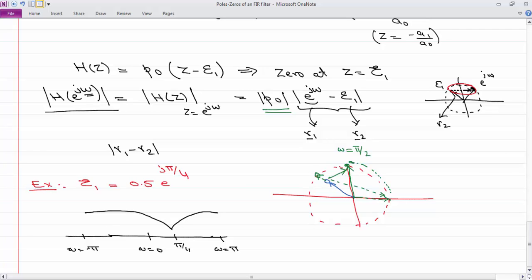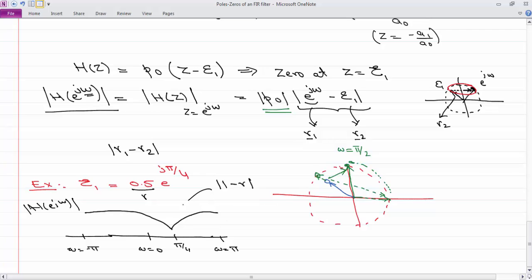Now, how far will the magnitude response go down? Where it will go down is a function of the direction of your 0. But how far is it going to go down? What is that a function of? The amount of dip that a 0 creates is given by how far away you are from the unit circle, or in other words, if I call this the radius, the magnitude r, then it's really about 1 minus r absolute value.